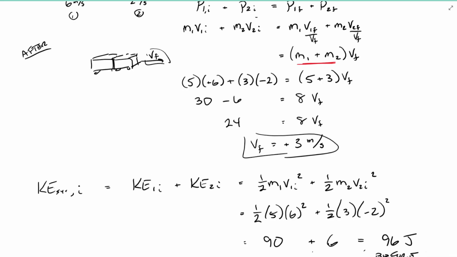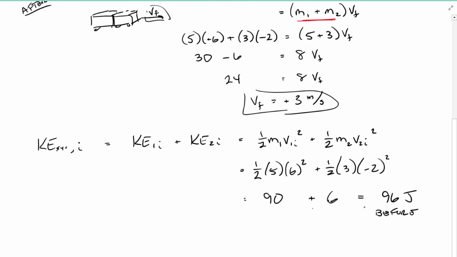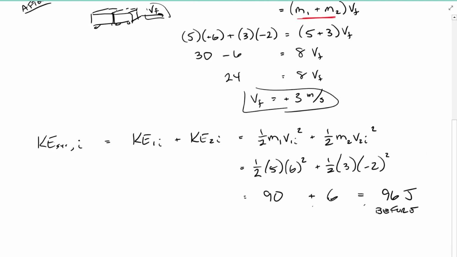Because it's inelastic, I know my answer at the end will be less than that. We now know the velocity at the end, so we can use that final velocity to find the kinetic energy of the system at the end. That's just going to be the kinetic energy of the two carts combined, which is 1/2 of the first mass plus the second mass moving together at that final velocity.